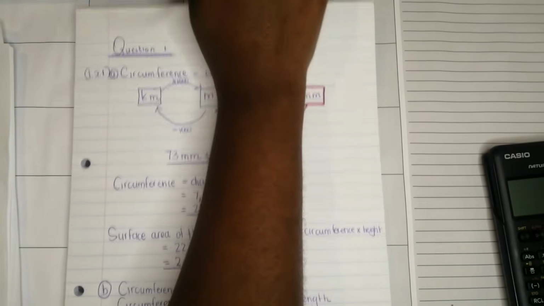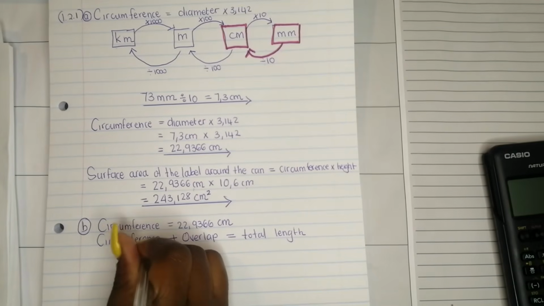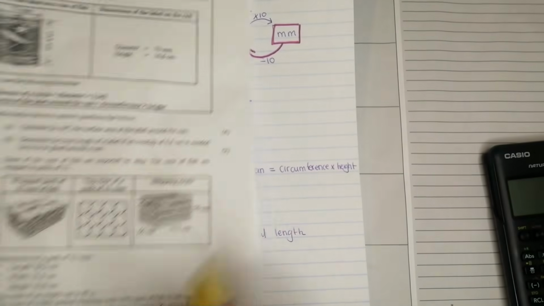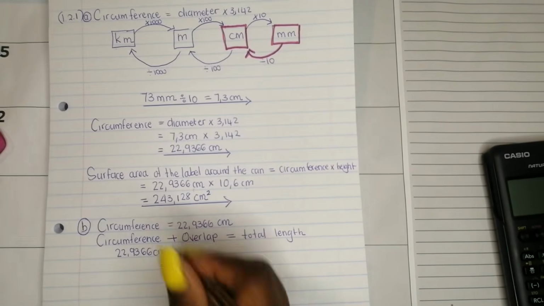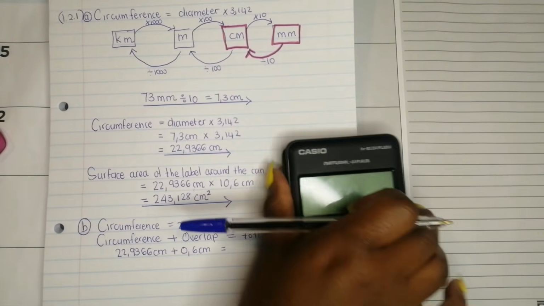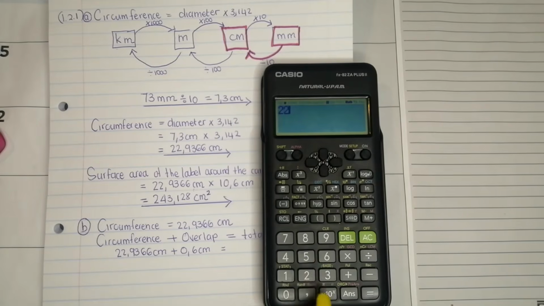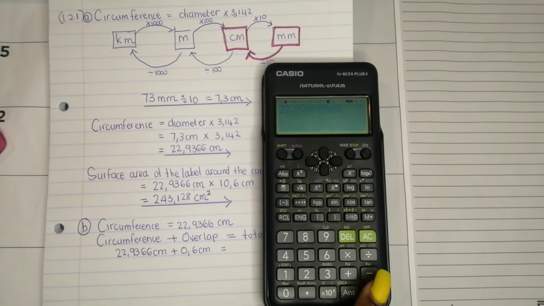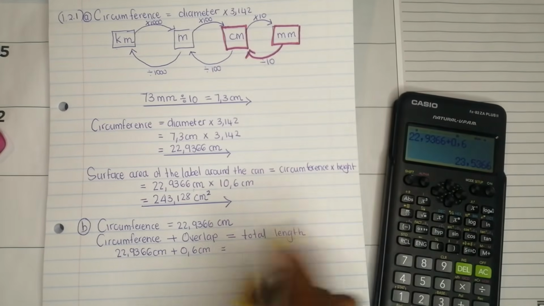So what was our circumference? Our circumference was 22.9366 centimeters plus the overlap that is needed. We are told that we need an overlap of 0.6 centimeters. If you add those two values together, 22.9366 plus 0.6, you get 23.5366.